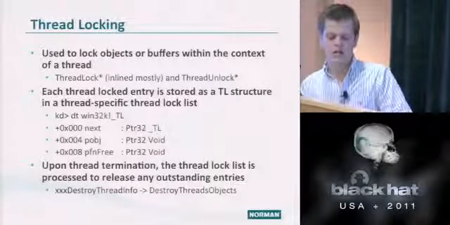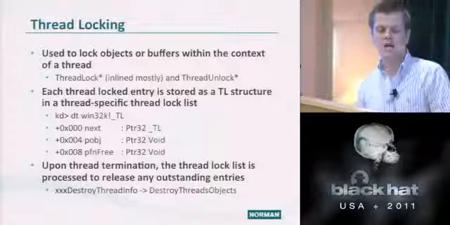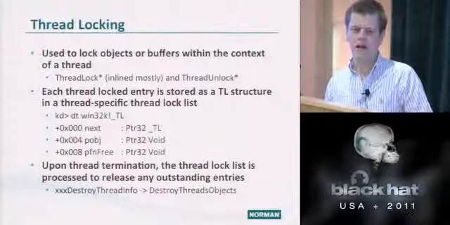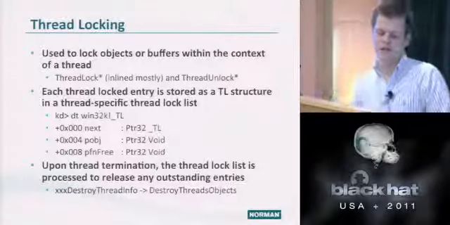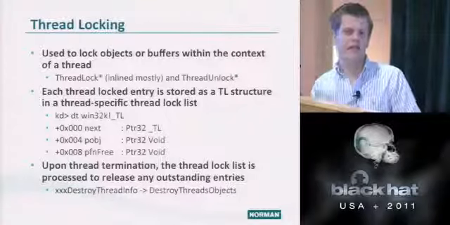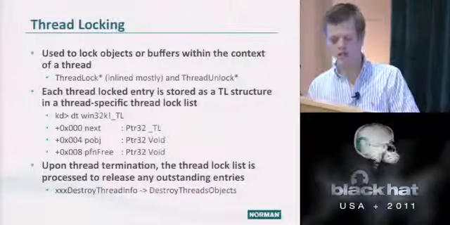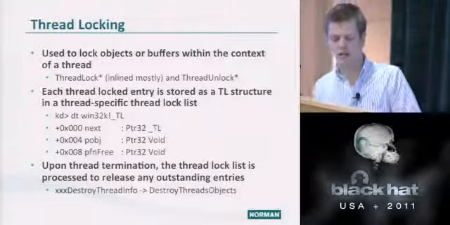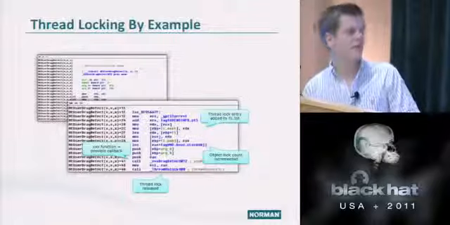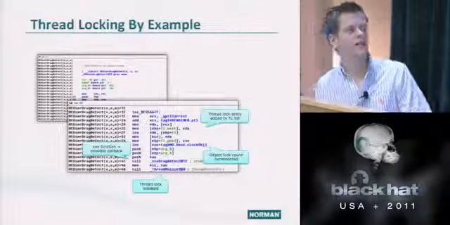So if the programmer forgets to unlock and the thread terminates, it will actually iterate through this list and free all the entries. This mechanism is quite good actually, and this is how you would typically see it in Win32k.